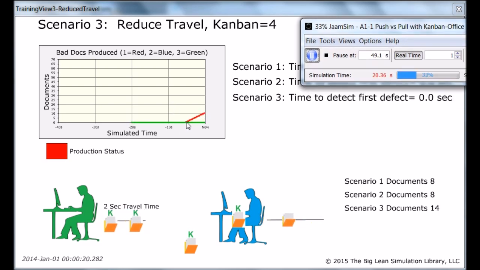So now the first scenario is already producing bad ones. By the way, when he detects the mistake, he'll tell the green machine. Let me pause it. When he does detect the mistake, he'll tell the green machine, and let's assume the green machine can instantly point to the correct database with no delay, just to keep things simple.